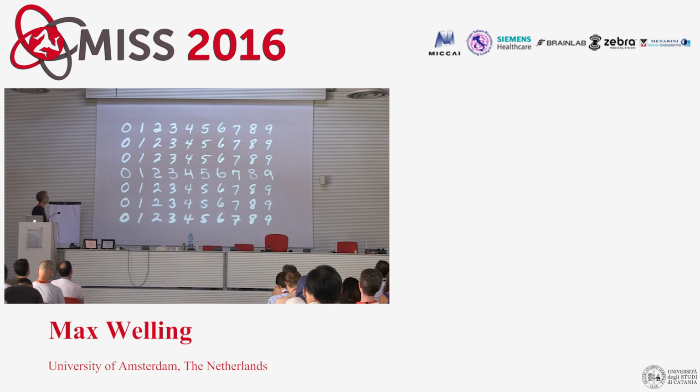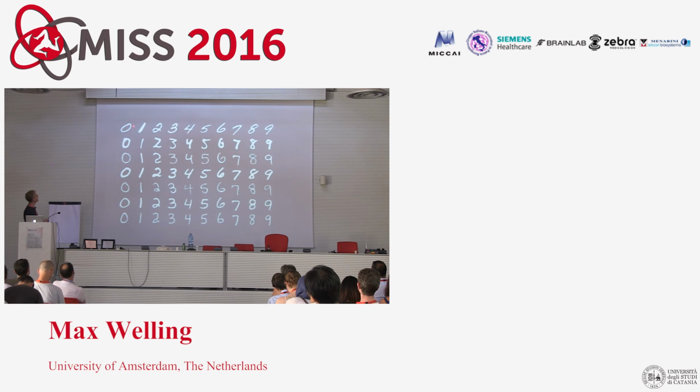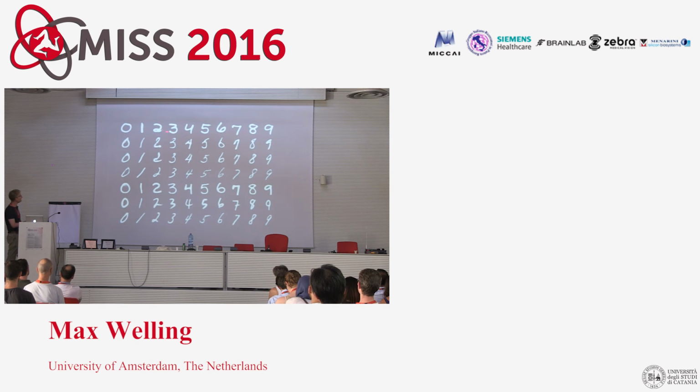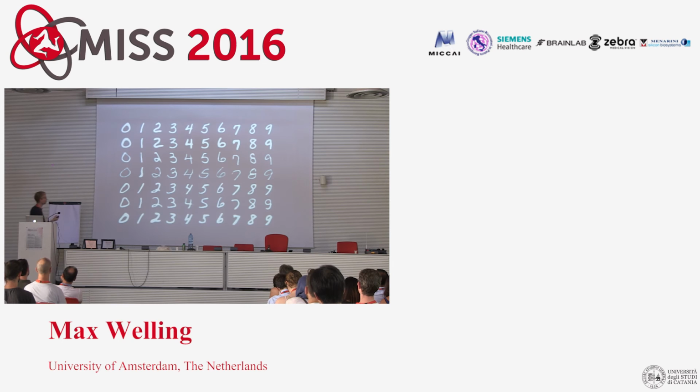So here's something else fun that you can do. It's not just good at making predictions and doing semi-supervised learning, but you can also do analogies. Here we set the y variable to be 0, 1, 2, 3, 4, 5, 6, 7, 8, 9, so we force it to be that, and then we fly through z-space. You see that z is actually modeling the style of the writing.